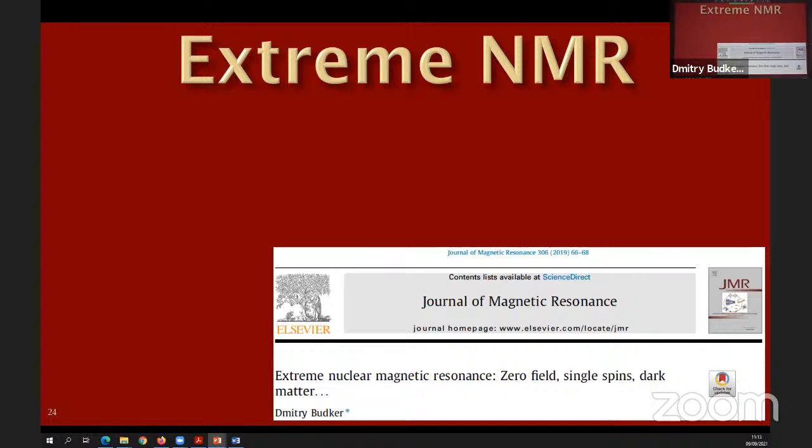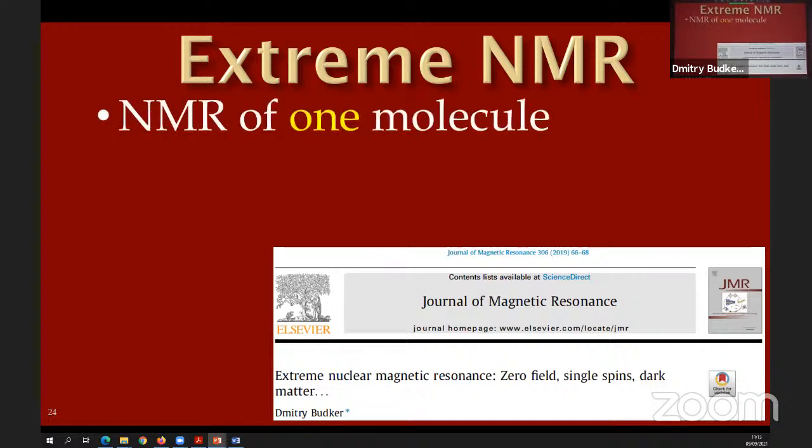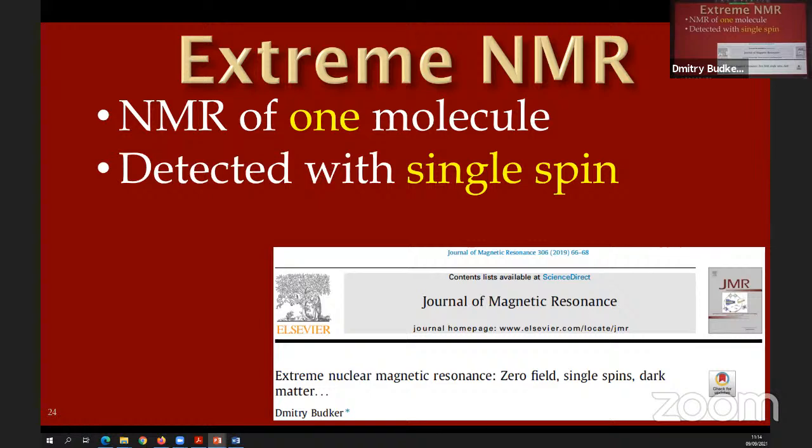So I just want to repeat again that one attractive possibility is to combine all the extreme properties in one, and so measure a single molecule using a single spin sensor, and also do it all at zero field. That hasn't been achieved yet, but we're actually collaborating with Anjusha and Fedor and others moving in that direction.